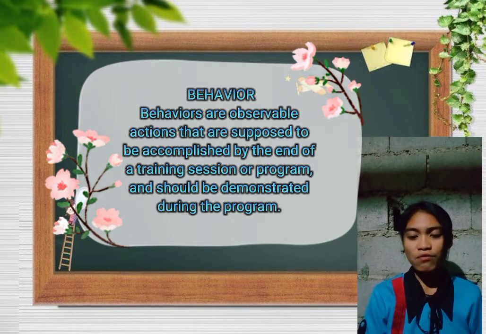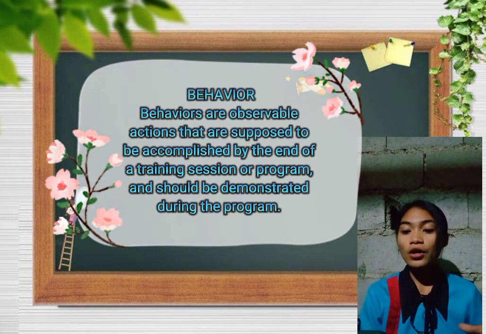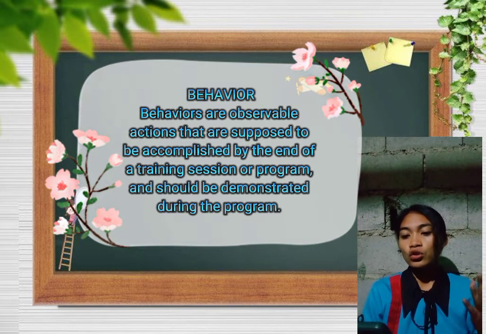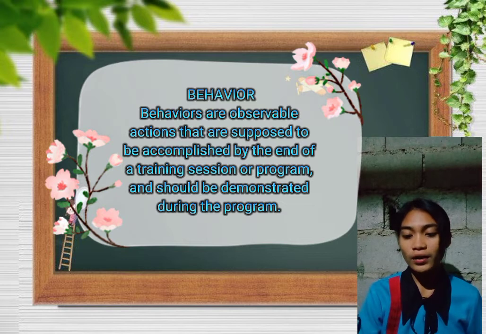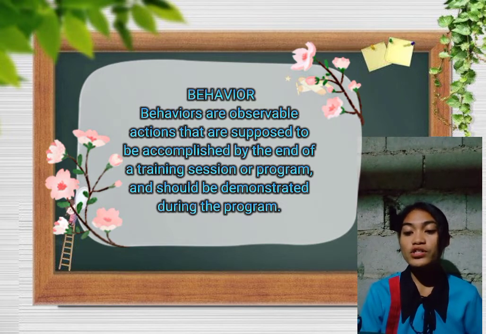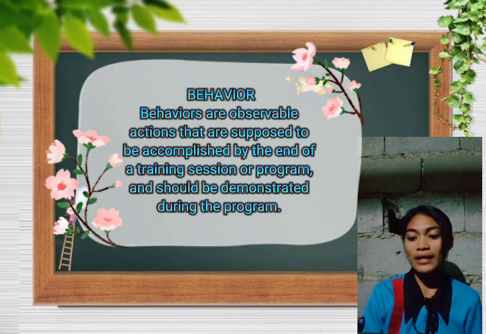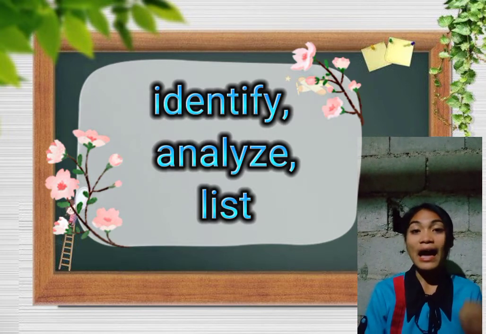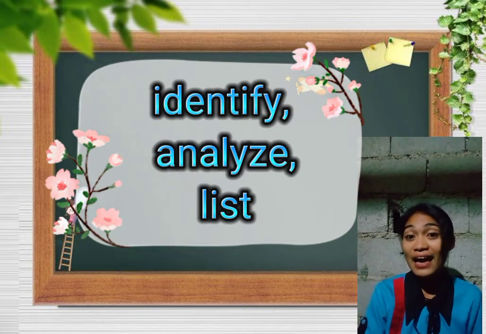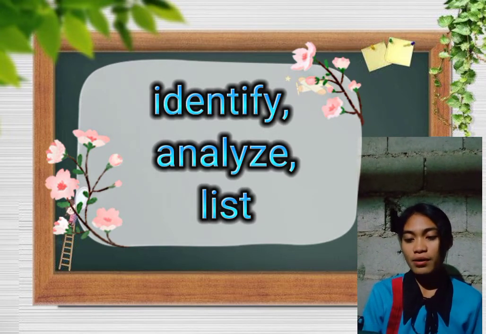It is very important to write clear learning objectives, to carefully choose the most appropriate word that describes the behaviors displayed by the participants after the training is done. Examples of action verbs that you might use include identify, analyze, or list. These are the verbs.